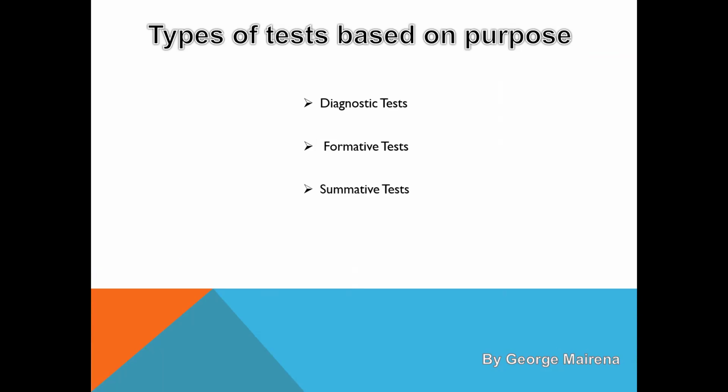Then we got the summative test. Remember that at the end of a class, at the end of a course, we need to grade students because that's the policy that we got in education, right? So once we have found the weaknesses in students, once we have been working on those weaknesses, then we have been checking how the students have been progressing in their language learning.